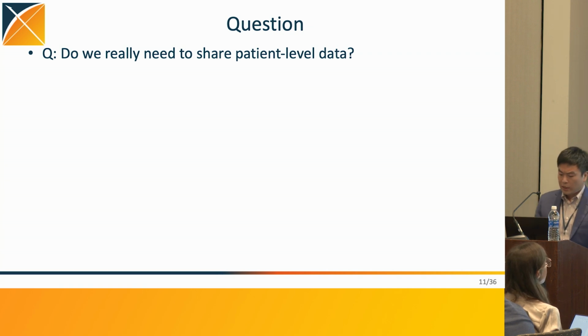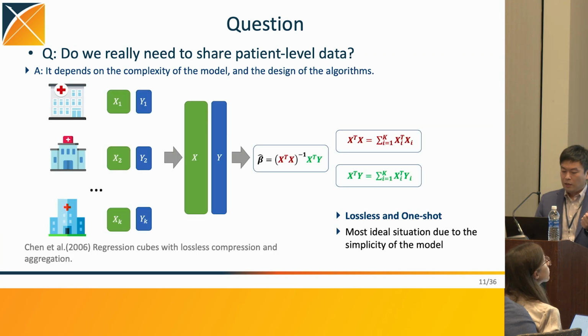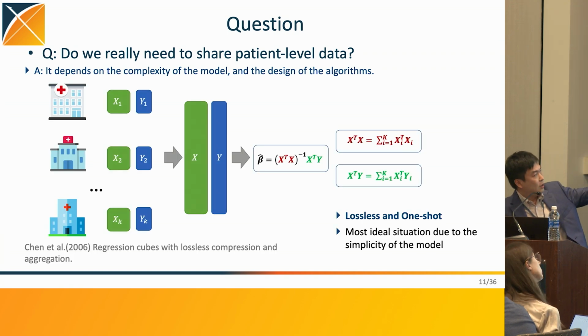So let's look at a very, very ideal situation. We can try to answer the question, do we really need to share patient-level data to run a model? The answer is always it depends, right? Depends on the complexity of the model and how smart the design is. Let's think about the simplest model, linear regression model. We put all the data elements aligned in common data model.